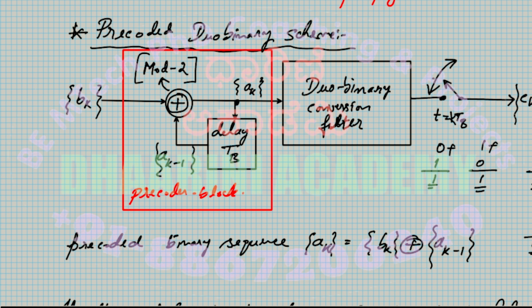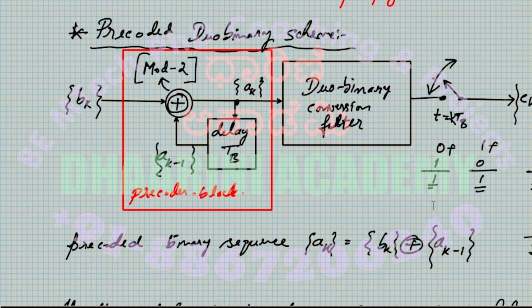Take bk, which is the incoming signal, and perform a modulo 2 addition with the delayed version of your answer. You get ak as the answer. You add the delayed ak to the bk. That's called the pre-coder block.